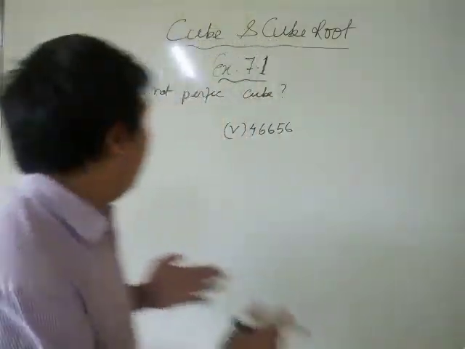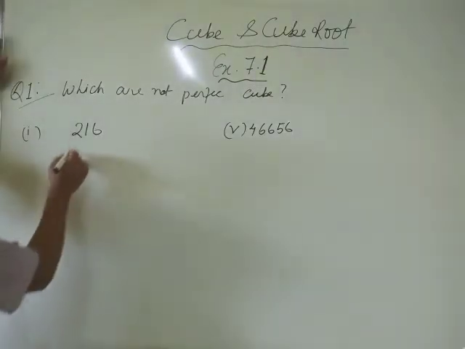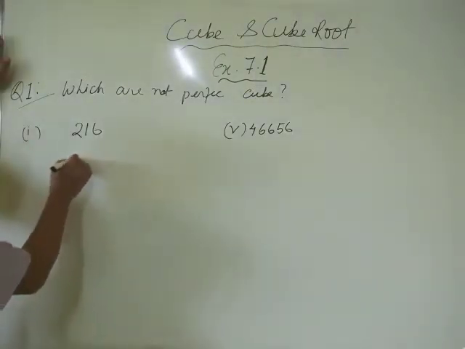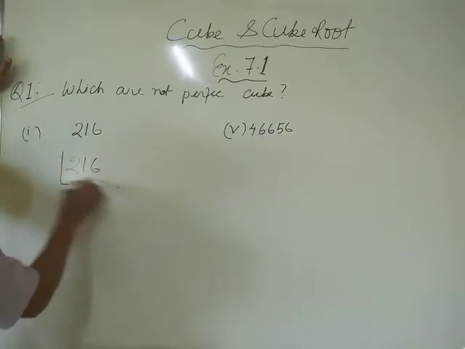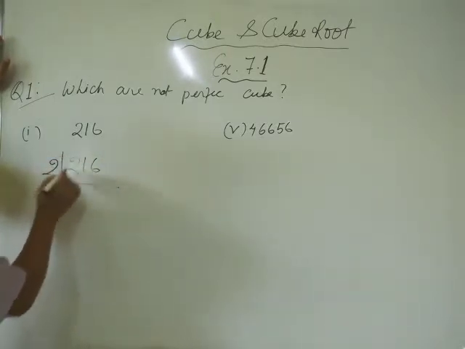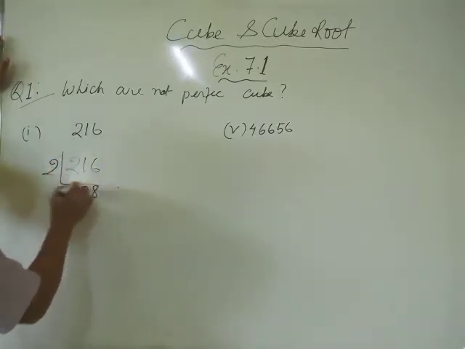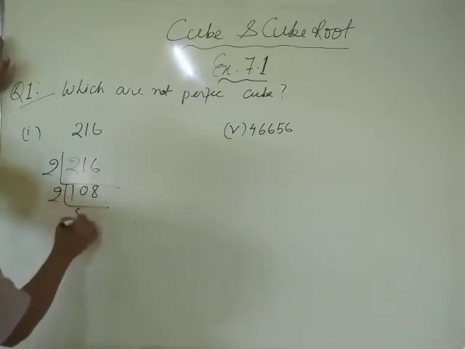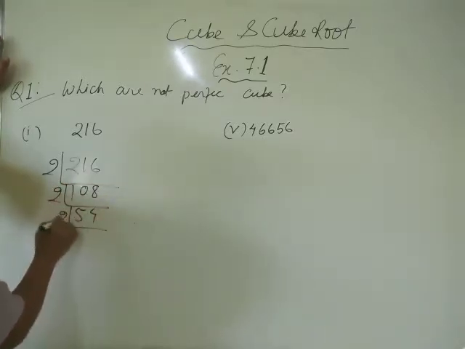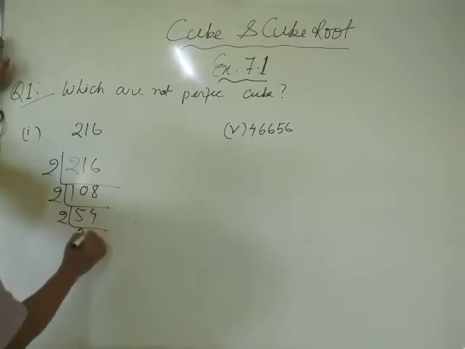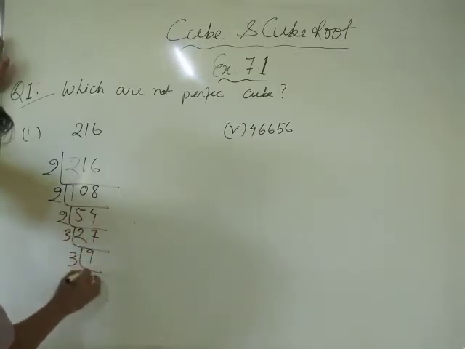First of all, we are going to find the prime factors of this number, 216. Start from 2. 2 1s are 2, 2 0s are 0, and 8. Here 2 5s are 10, 2 2s are 4, then 27. Here 3 9s are 27 and 3 3s are 9.